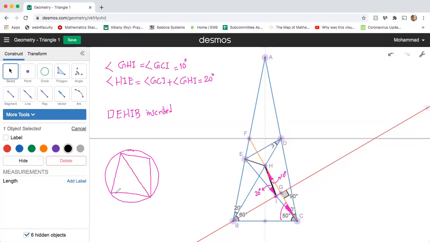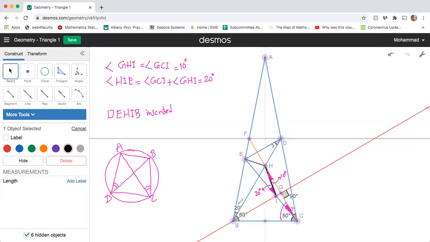Another equivalent formulation is that in this picture, ABCD, this angle would be congruent to this angle. Angles opposite to the same segment from the other two vertices would be congruent. And this is an if and only if statement. So if these angles are congruent, then the quadrilateral is inscribed.